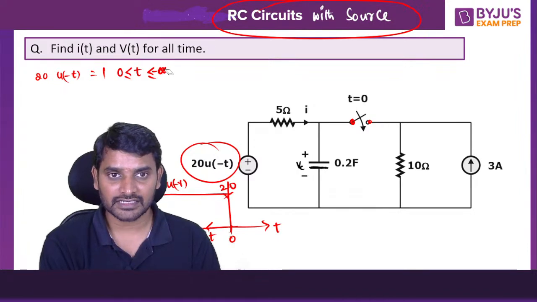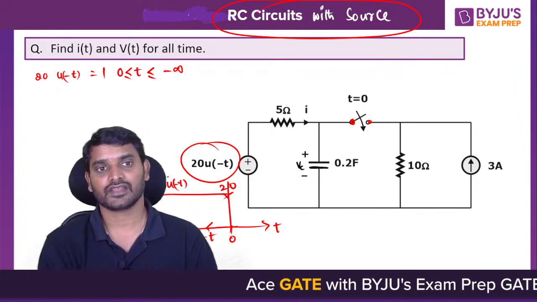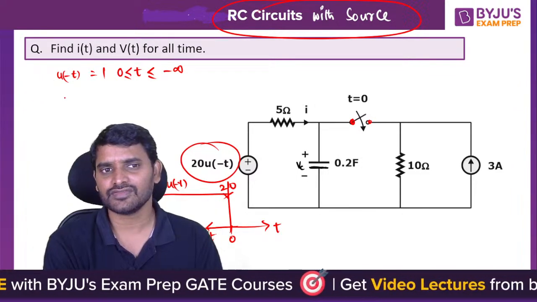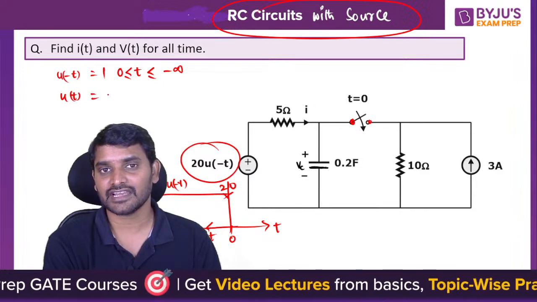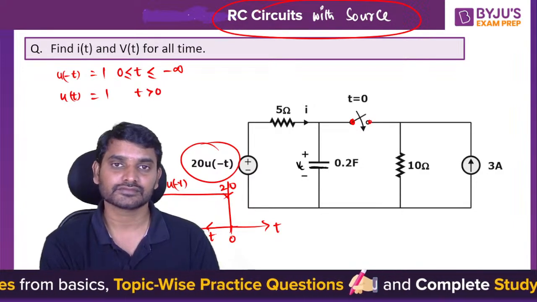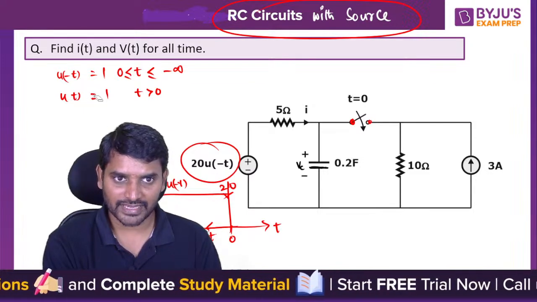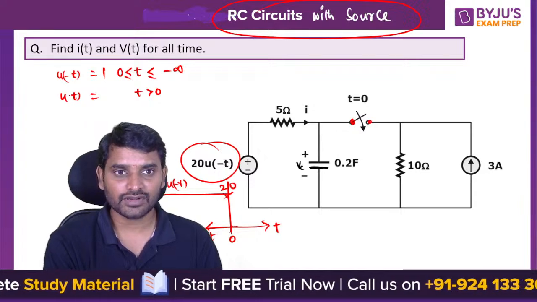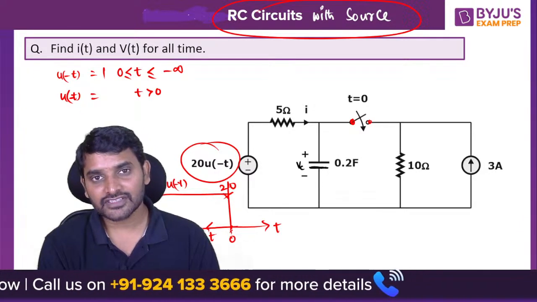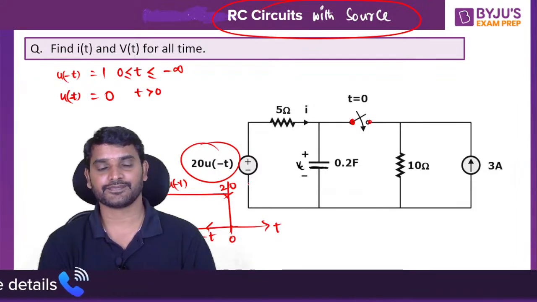And the u of t signal has value 1 for t greater than 0. Here I have got u of minus t. Once after 0, u of minus t does not exist, so it will be 0.